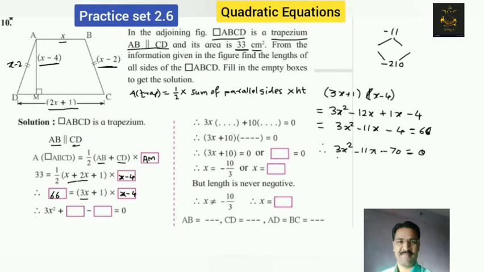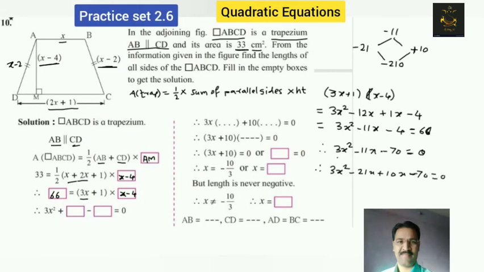They are nothing but minus 21 and plus 10. These are the two factors. So we can write the splitting of the middle term: 3x square minus 21x plus 10x, and here minus 70, keep as it is.